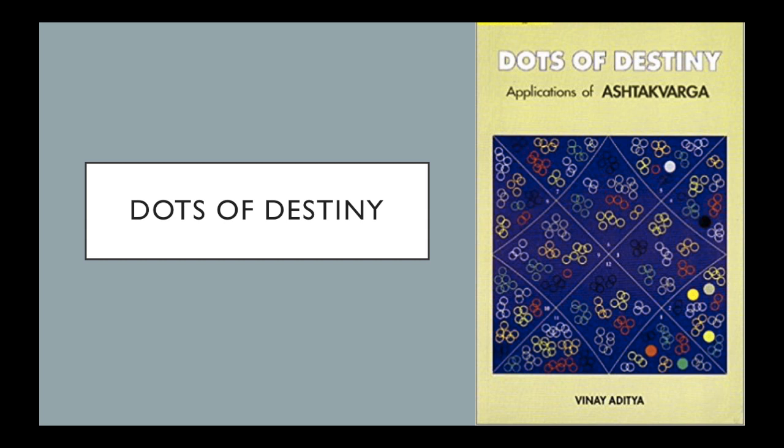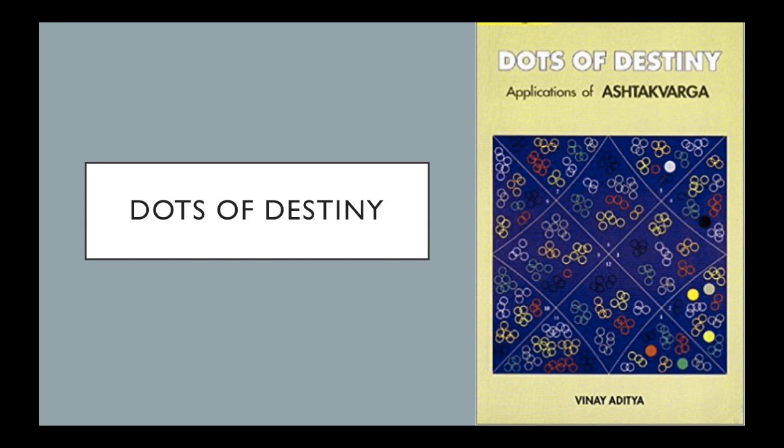So whenever you open your chart and you see a Sarvastakavarga chart of yours, how can you comprehend it is my intention. Now in Sarvastakavarga, I'll explain a few principles. In Sarvastakavarga, usually it is seen from 8 positions. One is the ascendant, one is the moon sign, next is the sun sign, and then the other 5 planets: Jupiter, Mars, Mercury, Venus, and Saturn.